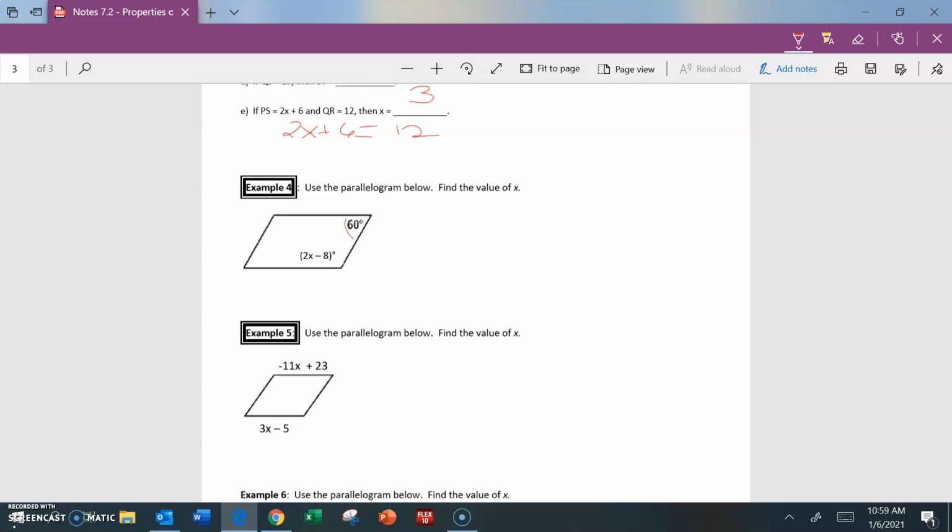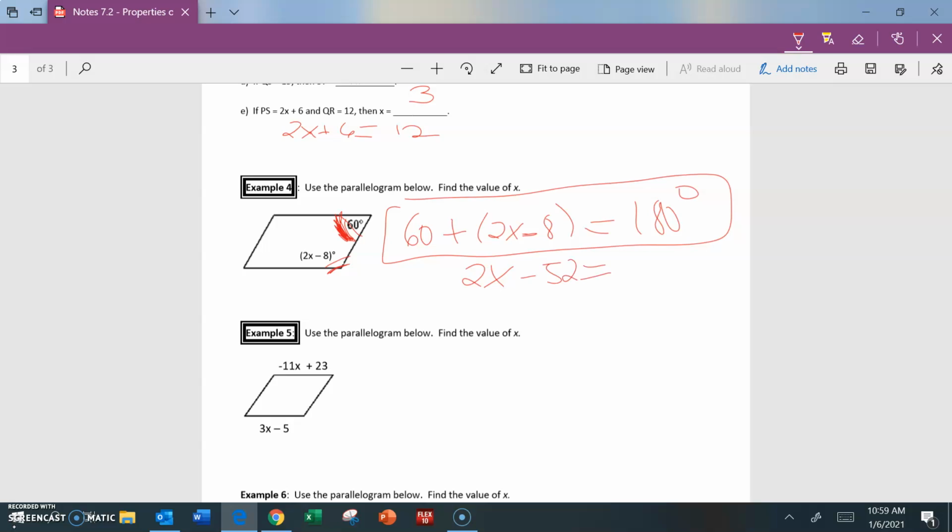these 2 angles right here are not congruent. So I just want to make sure you know that this angle right here that I'm highlighting, 60, and this angle right here, they're consecutive, which means that these two angles are going to add to 180. So that's the equation, kind of sloppy, but that's our equation that we would use. So now all we have to do is combine like terms.